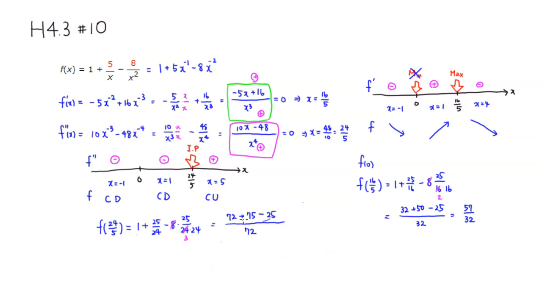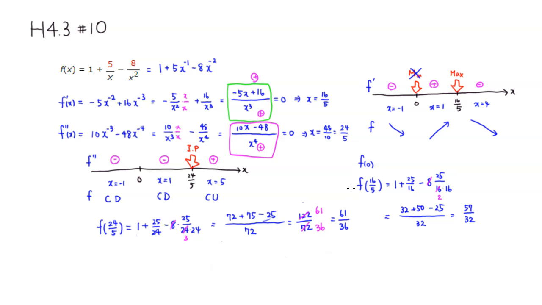So this is going to be 50 plus 72, which is 122, divided by 72. These are divisible by 2, so divide by 2, that's 61, and the denominator is 36. Is 61 divisible by anything? I don't think so. So 61 over 36.